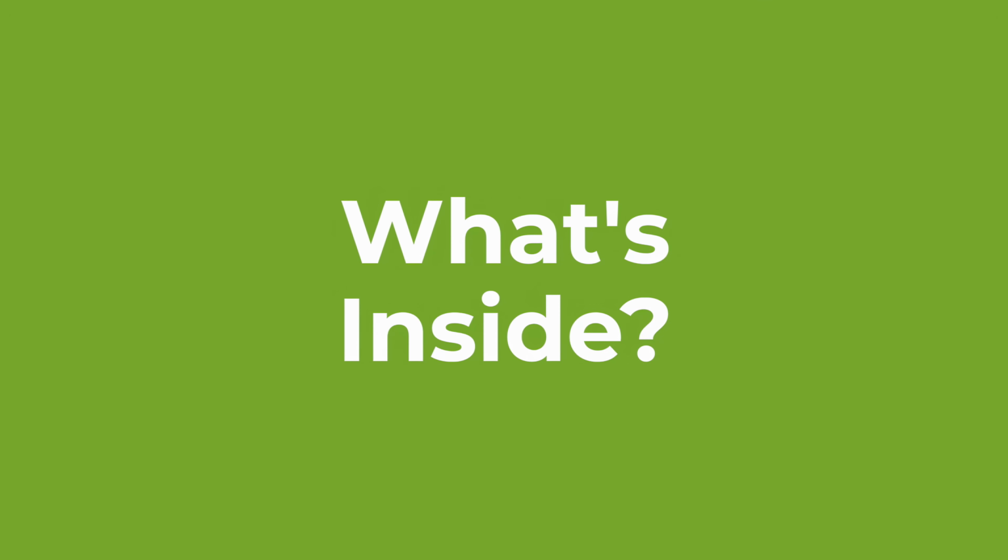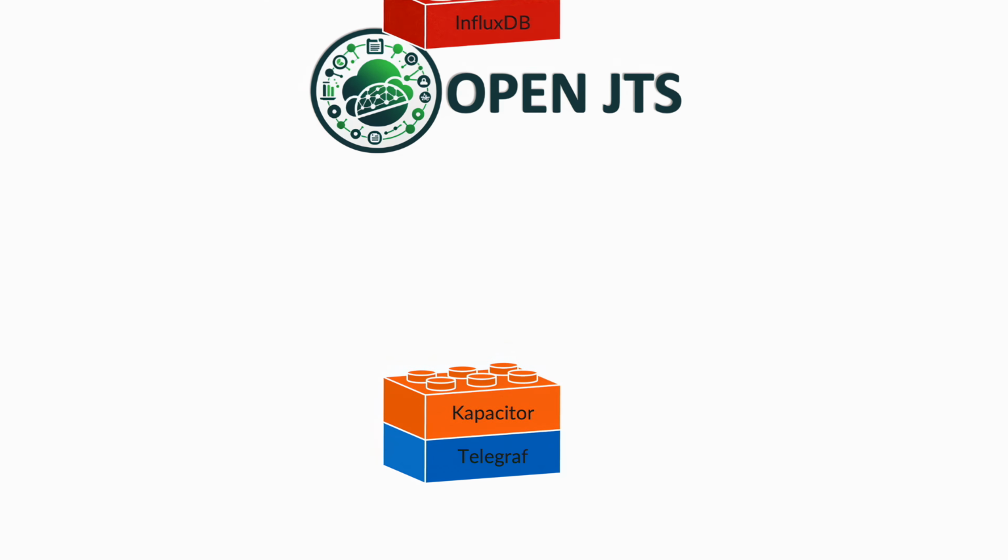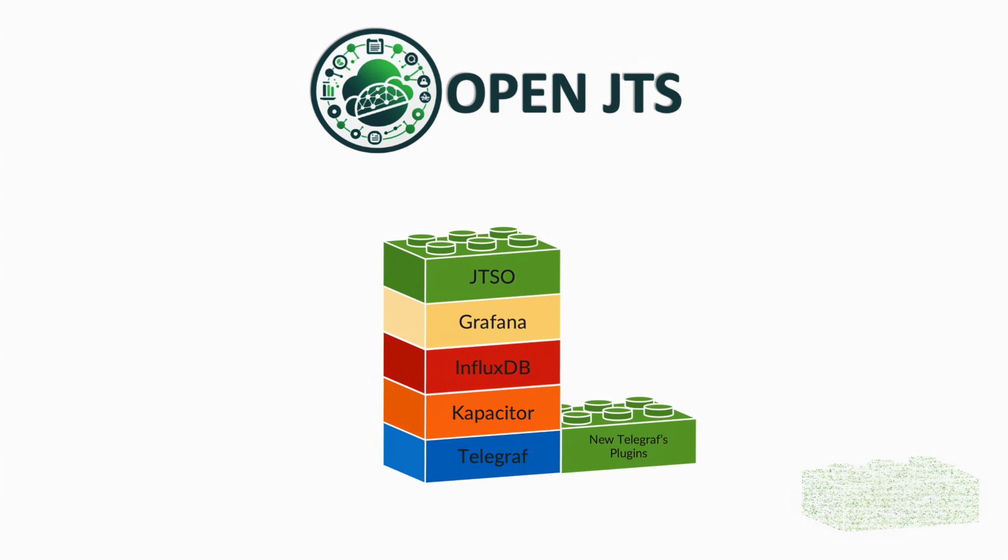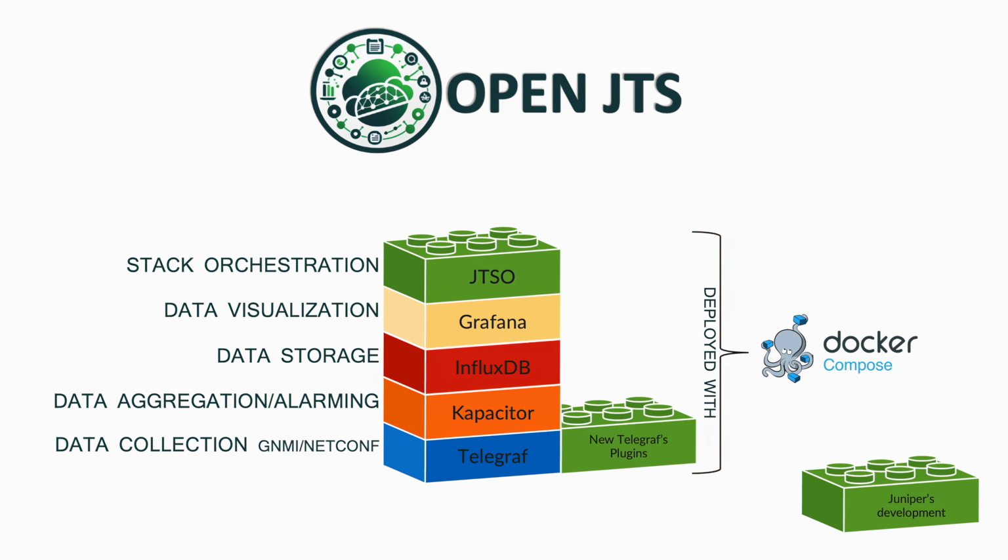OpenJTS is built around well-known open source tools such as Telegraf for telemetry collection, Kapacitor for performing aggregations or alarming, InfluxDB as a time series database, and finally Grafana for data visualization.